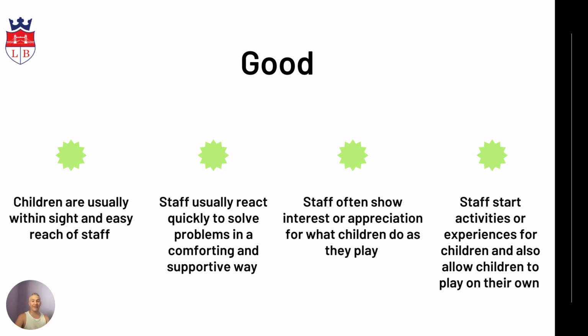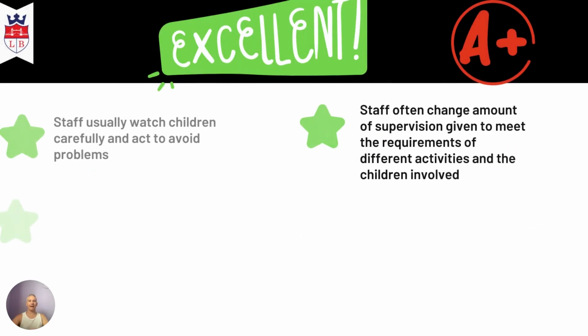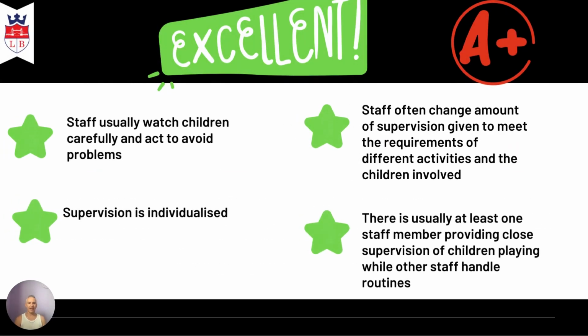And if you've got these 4 and you're looking at, so let's jump in and have a look at those excellent criteria. Here we go, the 4 excellence. So if you're doing 2 of these and all of the goods, you're coming out at rating scale 6.